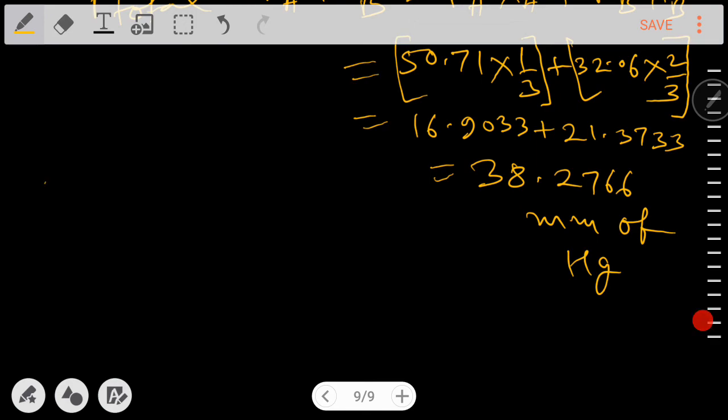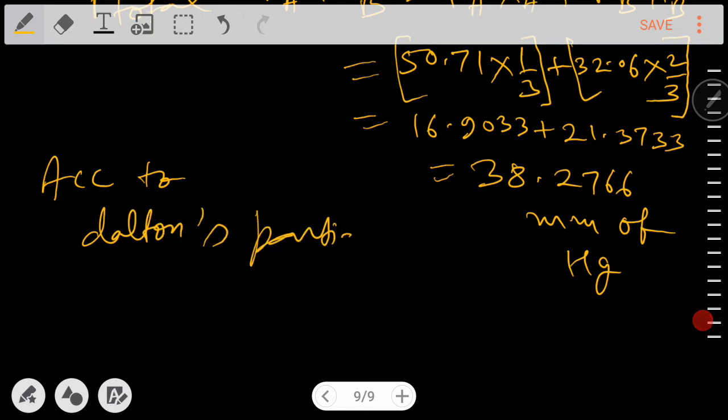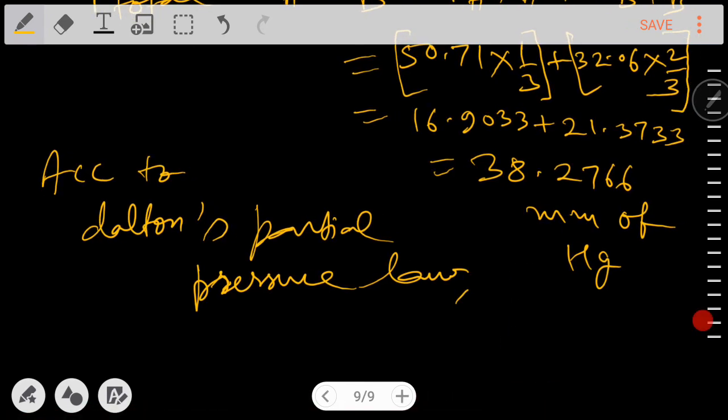According to Dalton's partial pressure law, PA will be equal to P total into YA, where YA is the mole fraction in the vapor phase.